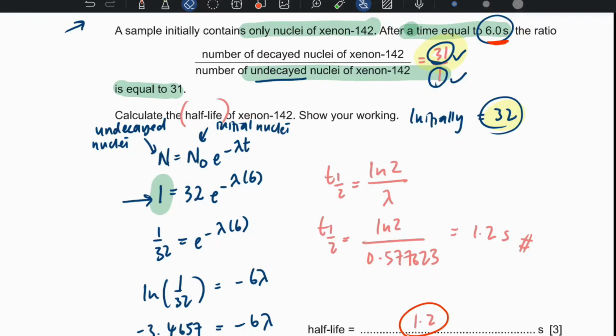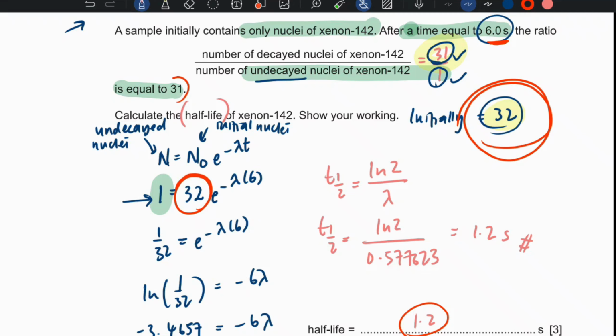Okay, so the common mistake in this question falls at this part, here and also here. Instead of writing 32, you might write 31, because they give you 31 and you straight away substitute 31. But no. This is where you should read the question carefully. They said after time equals 6, the ratio that has decayed is 31 and undecayed nuclei is 1.